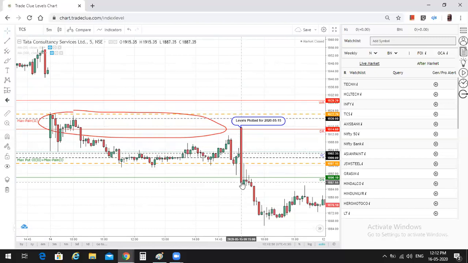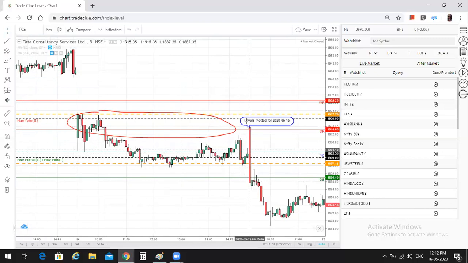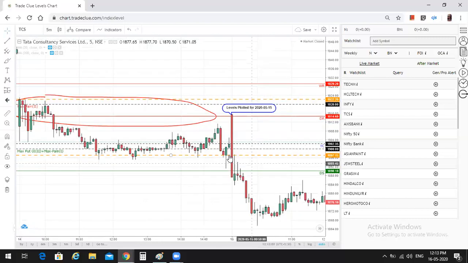Then if we see, it has taken out almost day's high, that's your DR has been taken out, day's high resistance zone is there, yesterday's close is there, and day's low is being removed. Once it is removed, then you can clearly see after this, if the price comes back up, suddenly selling is always there, and the price falls straight away on the downside.